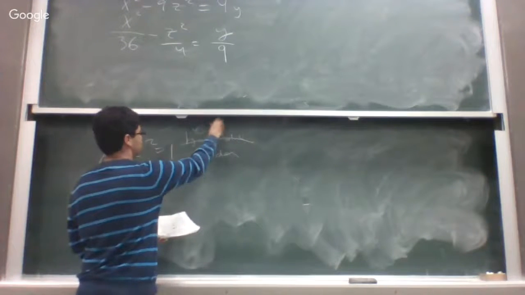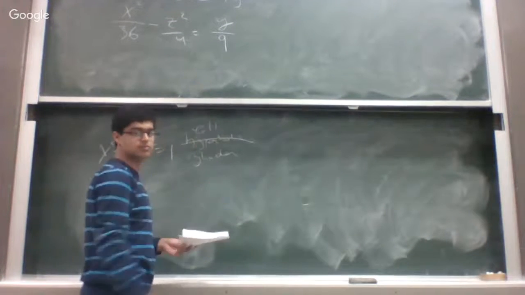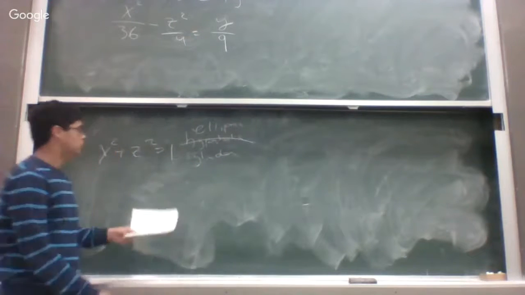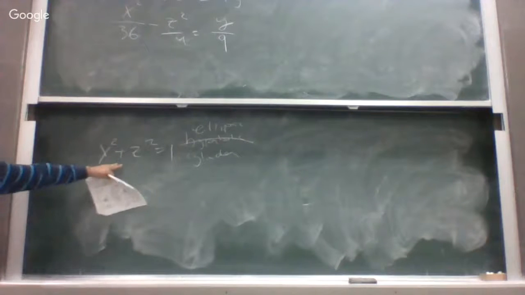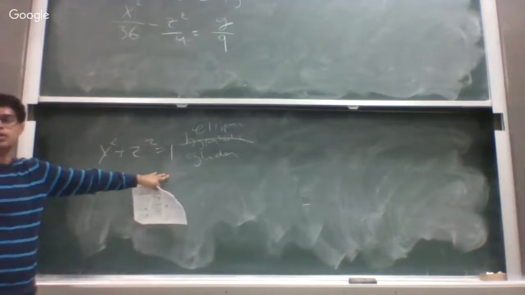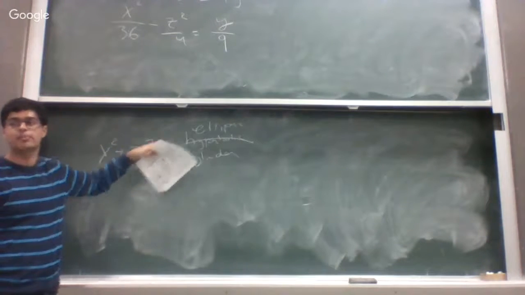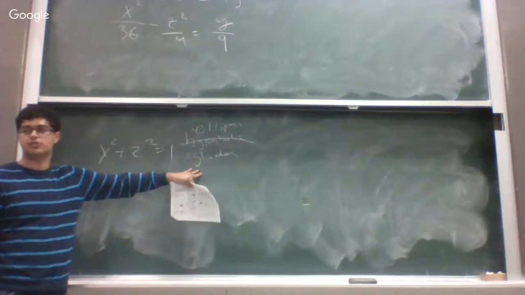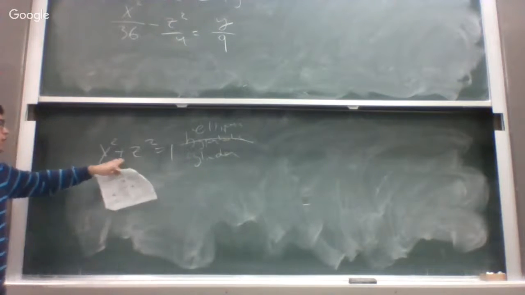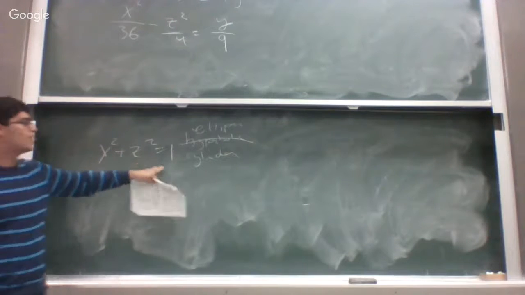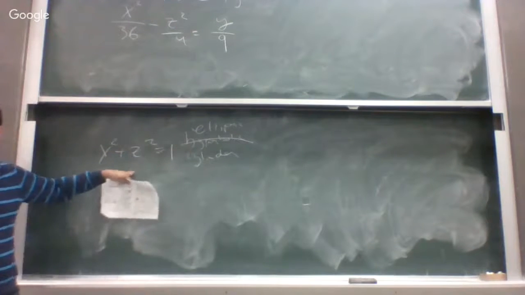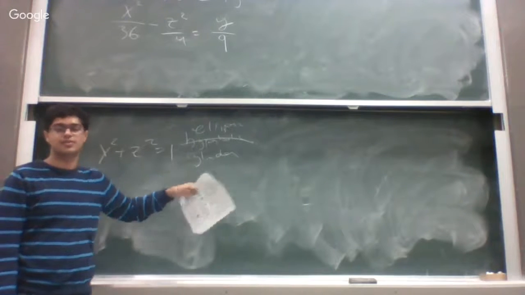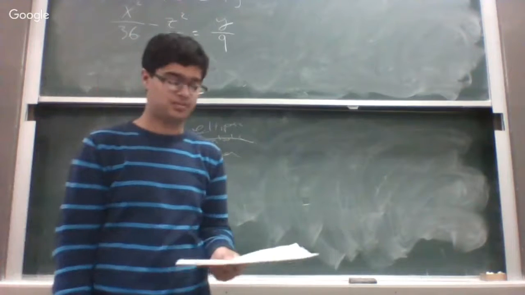An elliptical cylinder. So if you have two variables equal to a 1, it's elliptic because it's a positive sign, and it's a cylinder because you have two variables equal to a 1. If there's a minus sign, it's hyperbolic and you have two variables equal to a 1, it's a cylinder. Keep that in mind.